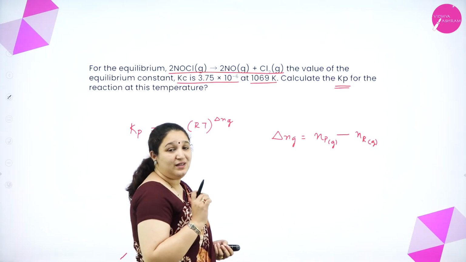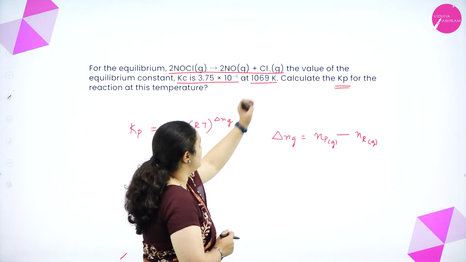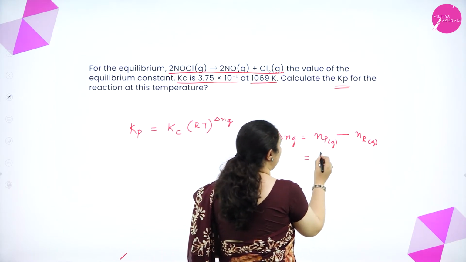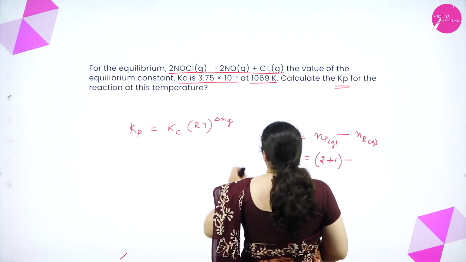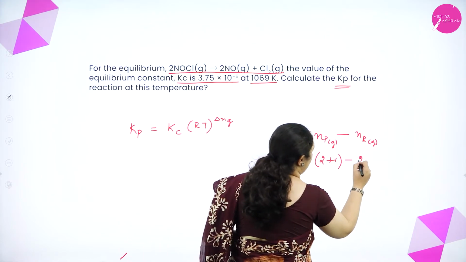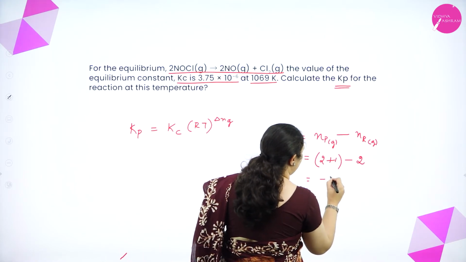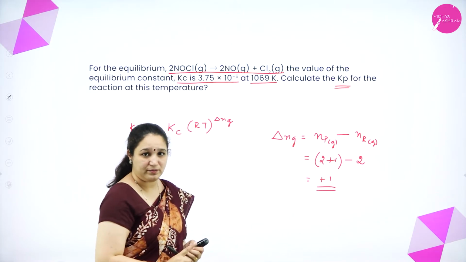Correct? Here the number of moles of products, how many we have? 2 plus 1. Correct, no? So number of moles of gaseous product is 2 plus 1, minus how many moles of reactants I have? 2 moles. So this is nothing but plus 1. So delta Ng is 1.